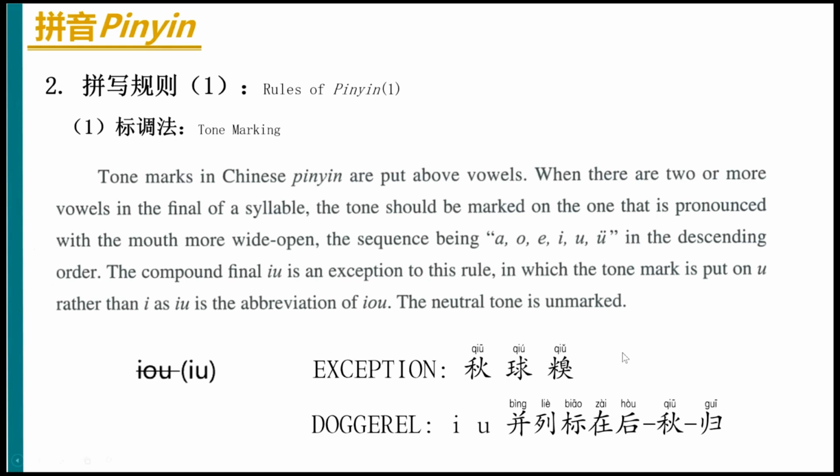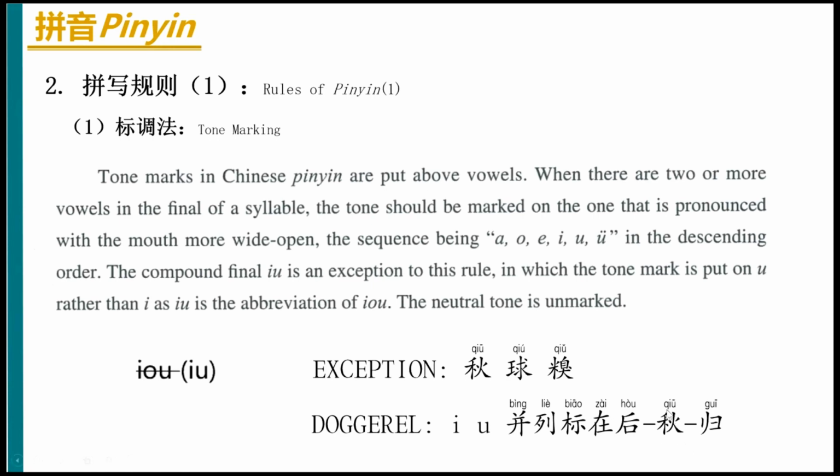And when we are little kids, when we are learning Pinyin, our teacher told us that there's a jingle like this, 一乌并列标在后, which means if this 一 and 乌 come together, then the tone is always on the head of the last alphabet.